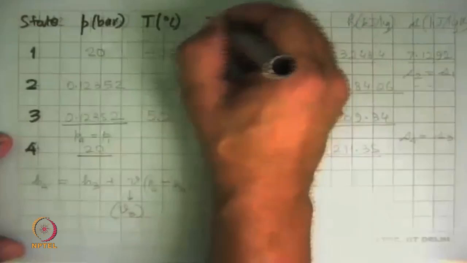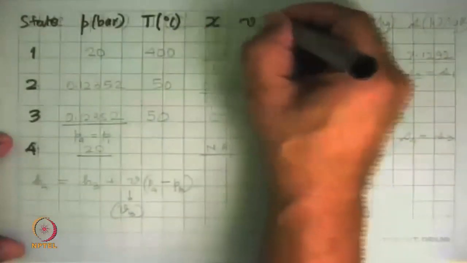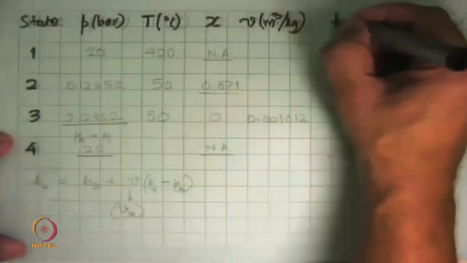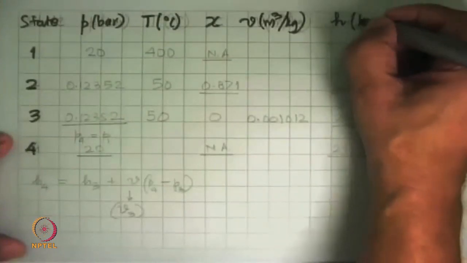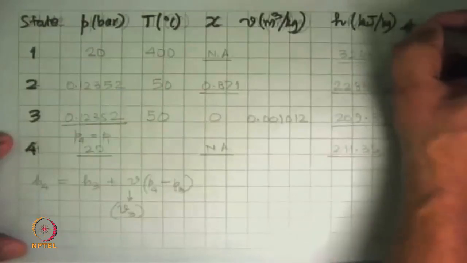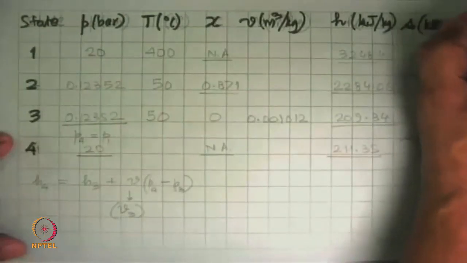Then we'll get the temperature in degrees Celsius, dryness fraction if applicable, specific volume, meter cube per kg. In a flow system, we know that internal energy is not coming into the equation. So I will only worry about specific enthalpy, kilojoules per kg, and specific entropy, kilojoules per kg per Kelvin.